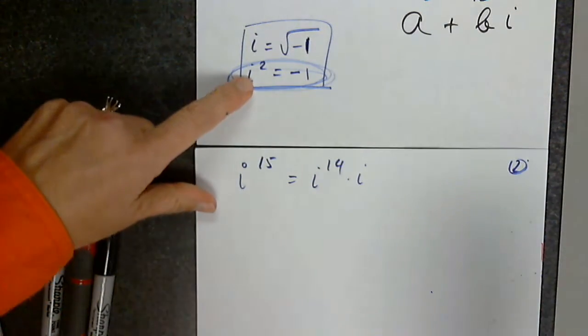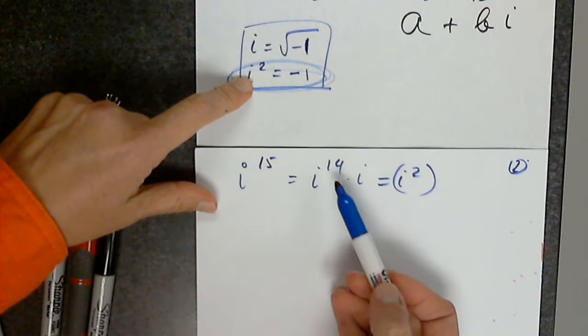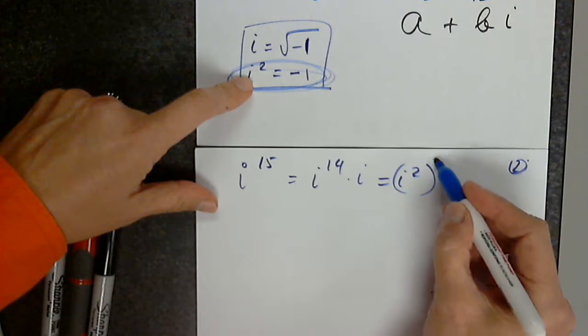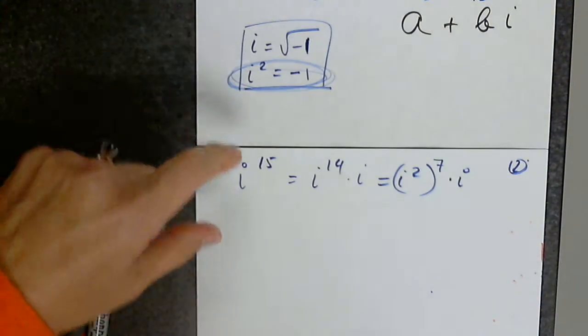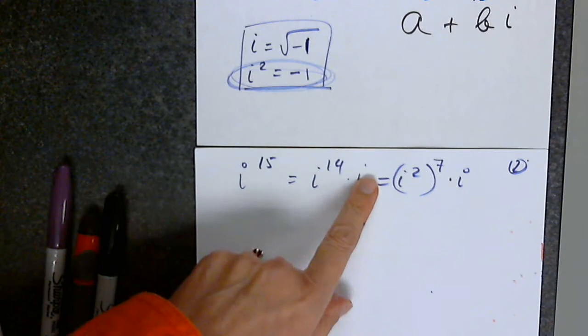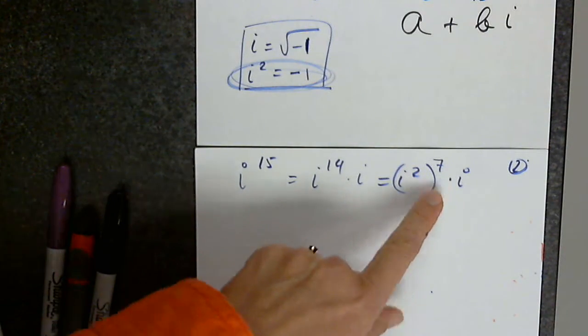That's the only thing I can use. So I have i squared to what power will give us 14? 7, multiplied by i. So first I split 15 into 14 and 1. Then I changed i to the 14th into i squared to the 7th.